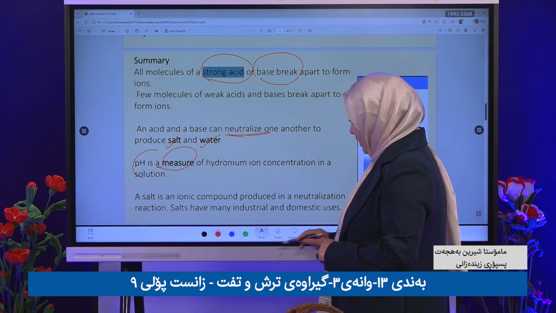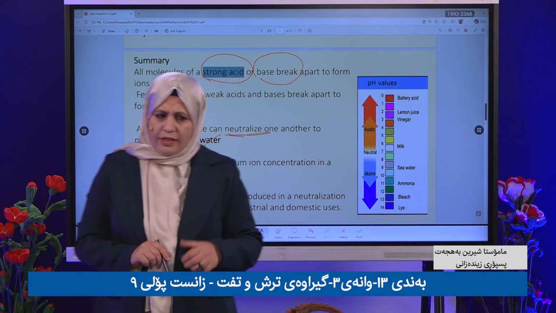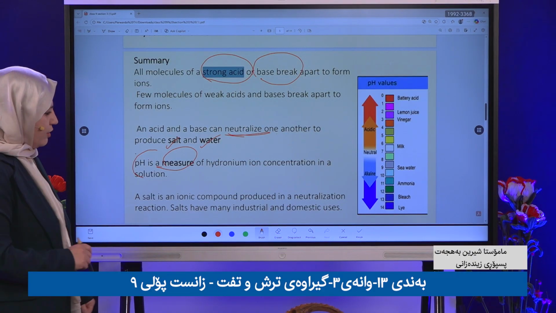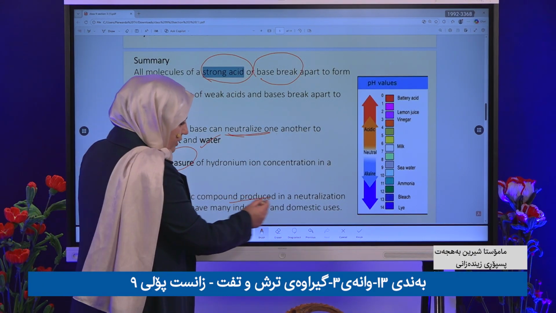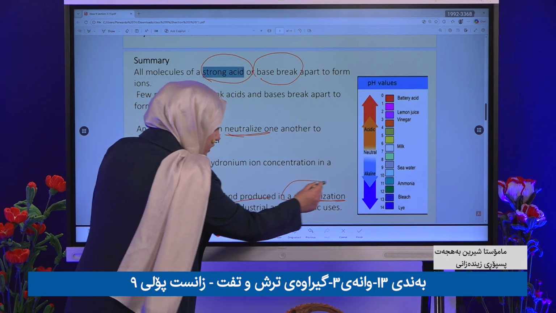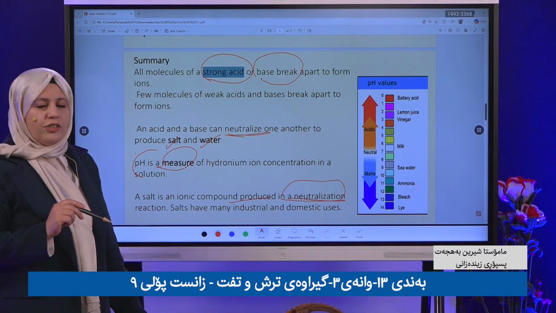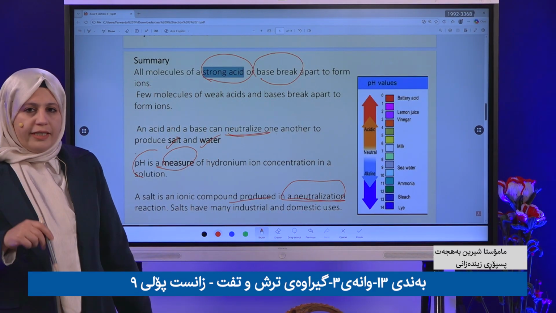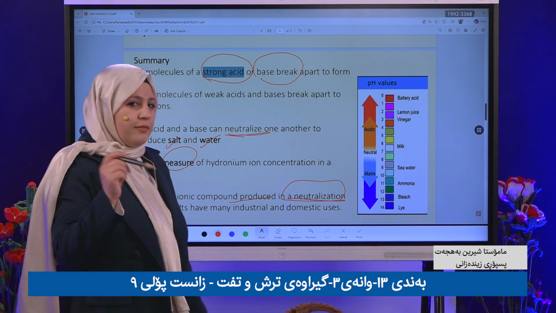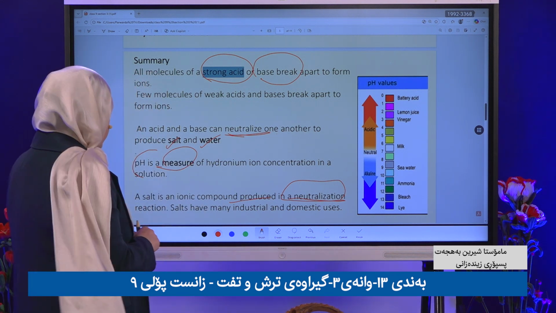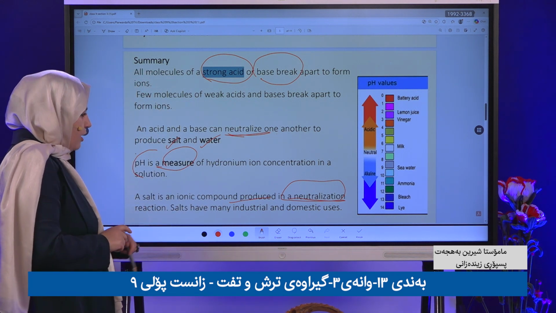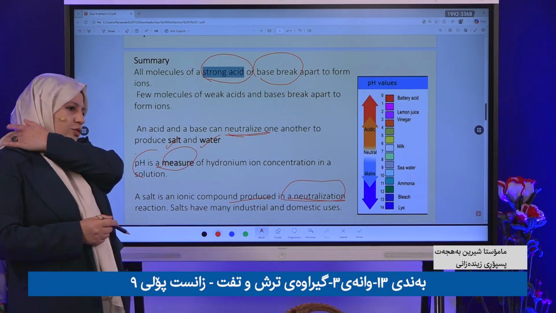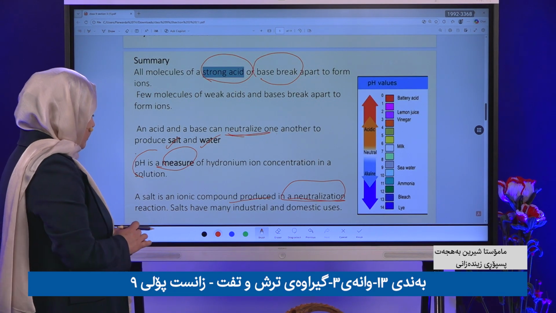Okay? And the last one, we talked about the ionic compound produced in neutralizing. How do we get it? Salt, as I mentioned, when we neutralize. Neutralize what and what? Base and acid. Very good. Okay, we get salt during the neutralization reaction, which is when base and acid react together.